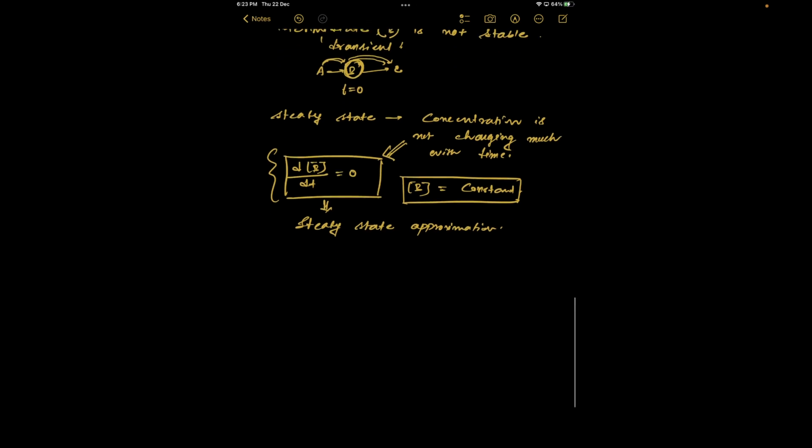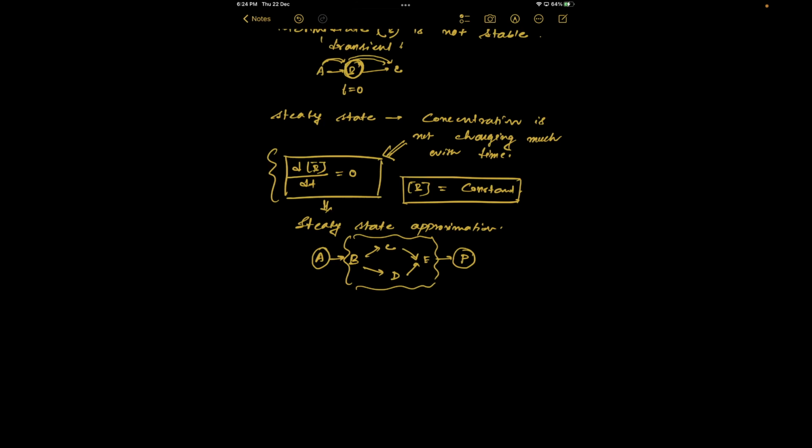Let's say a very complex reaction from A to B, then B to C, then B to D, then C to E, then D also to E, then E to P. This is the reactant molecule, this is the final product molecule, and these are the intermediate steps. So this is a very complex reaction with many steps. B, C, D, E are all intermediates.